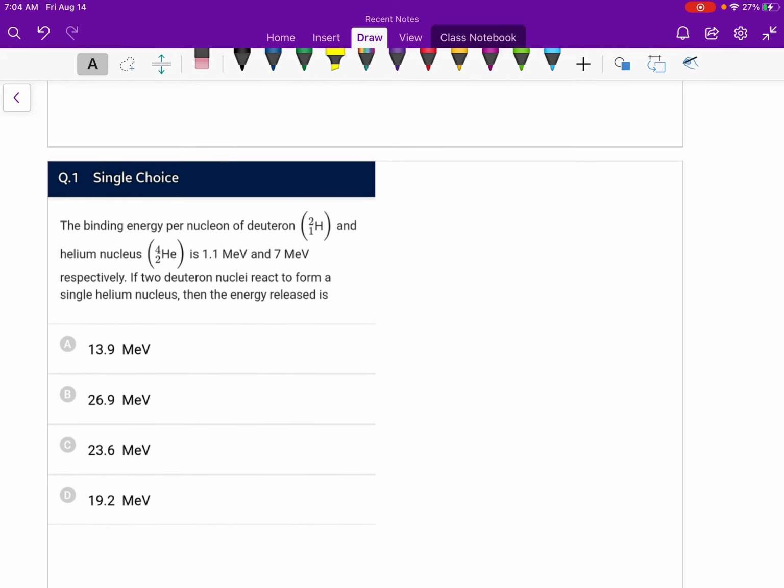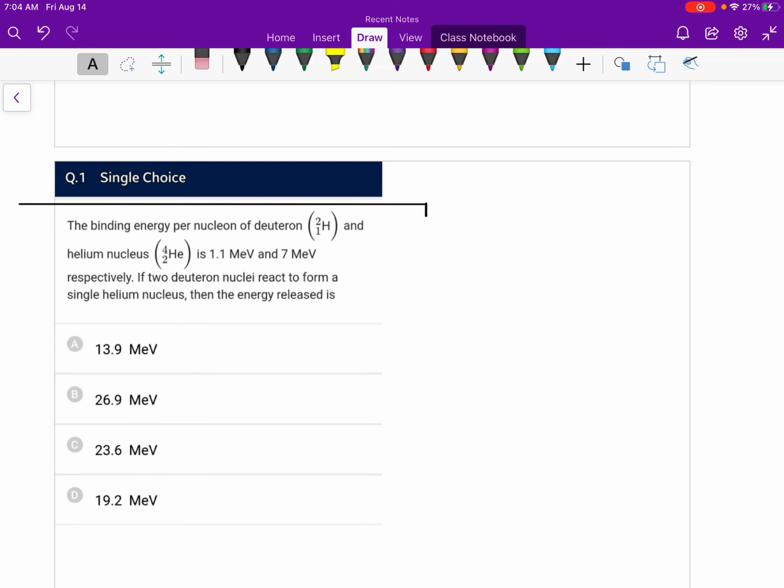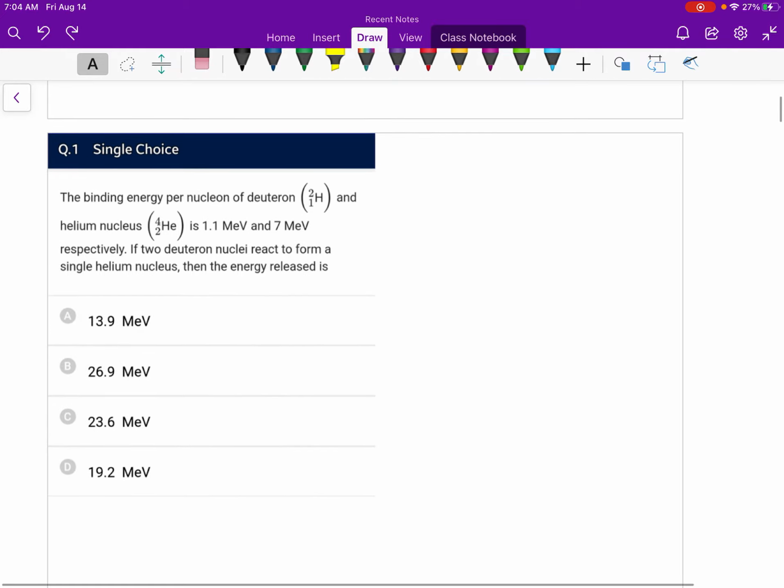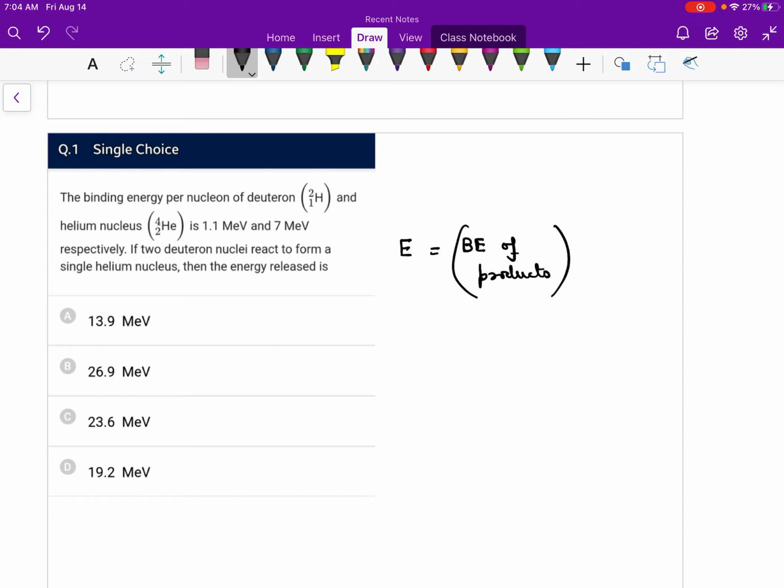The binding energy per nucleon of deuteron is this and of the helium nucleus is this. If two deuteron nuclei react to form a single helium nucleus, then the energy released is the binding energy of products minus the binding energy of reactants.